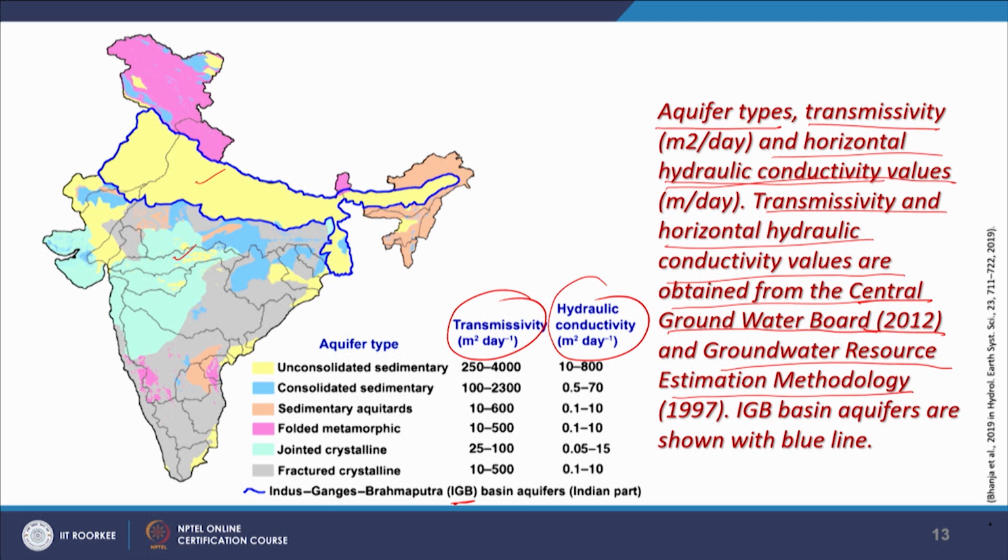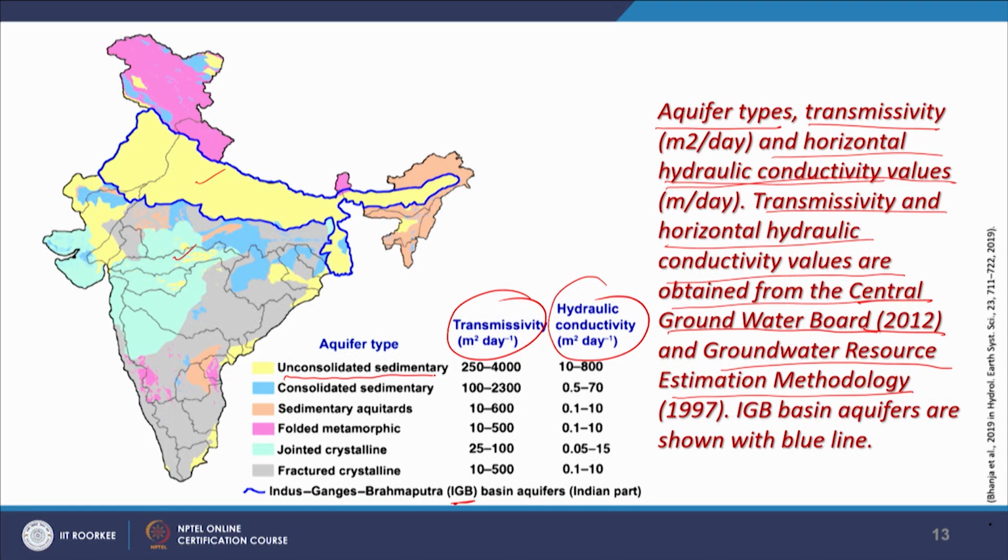along with their aquifer types, in the sense of what kind of lithology is present, what kind of rocks are there. So, they say the Indo-Gangetic plain, Ganga basin, has unconsolidated sedimentary rocks, while here we have fractured crystalline rocks. A large part of central India and South India has that.